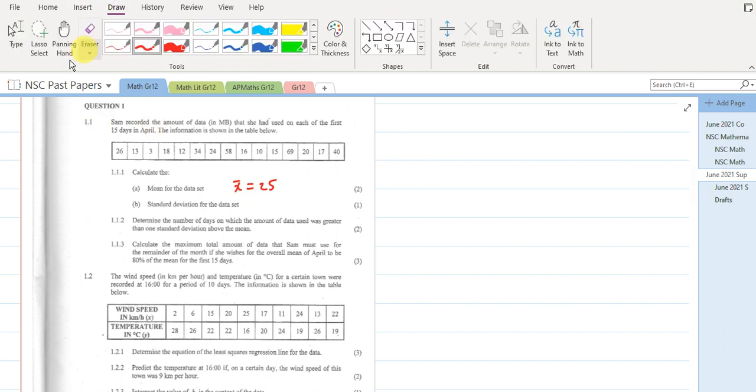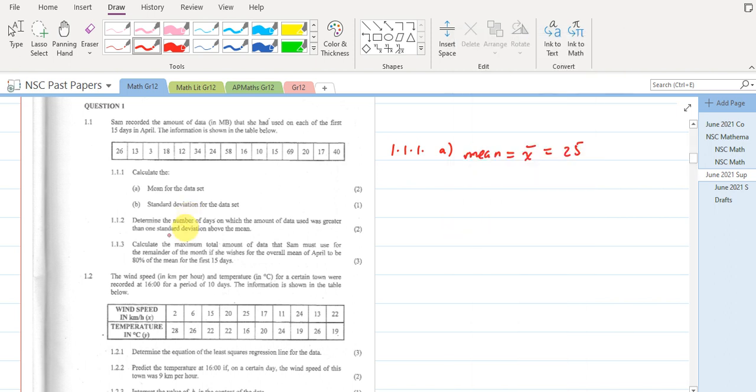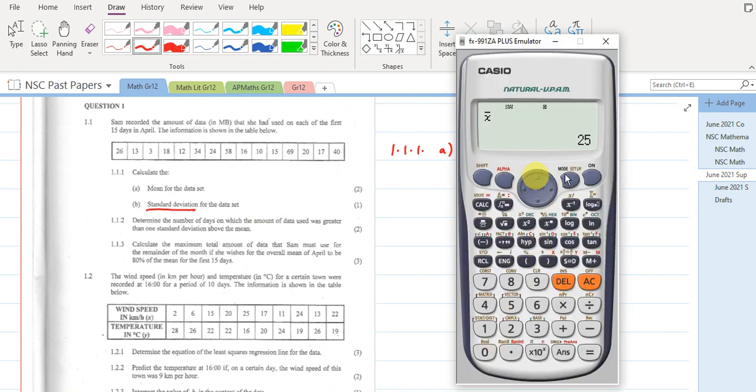So let's write it properly. Let's do the solutions here. 1.1.1 a, the mean. The mean for the data set is given by this symbol, x bar, which is equal to 25, as we have found here. Now the standard deviation for the data set: press shift 1, 4, and please use option 3.